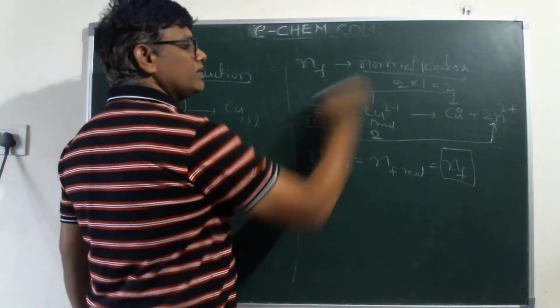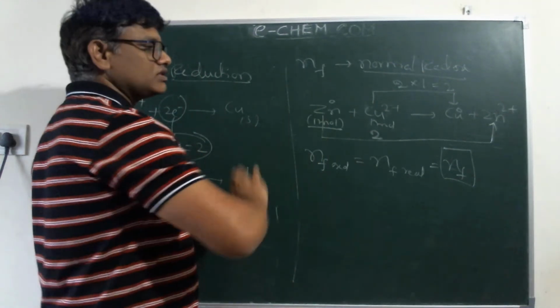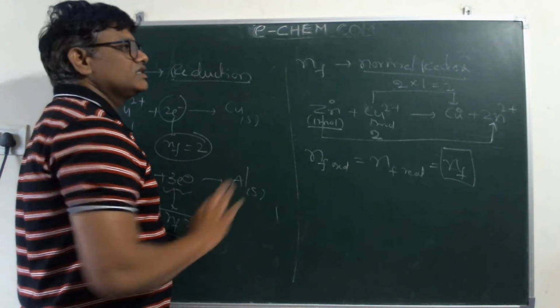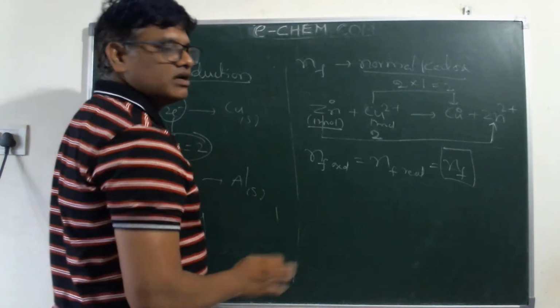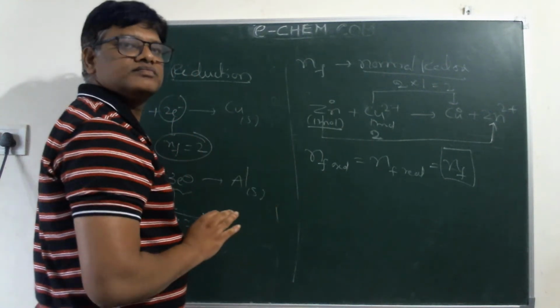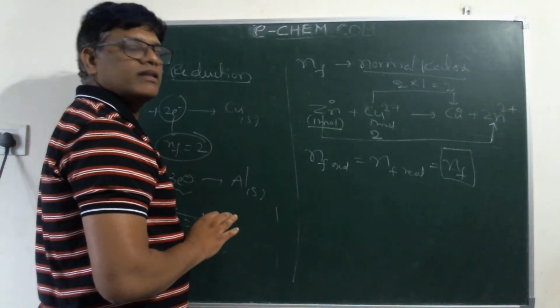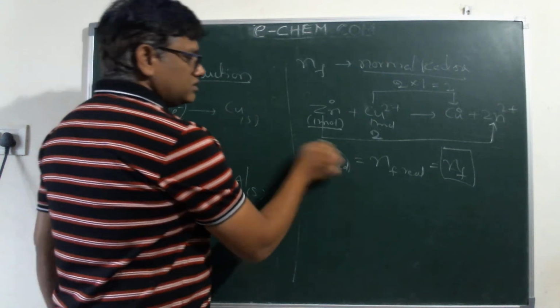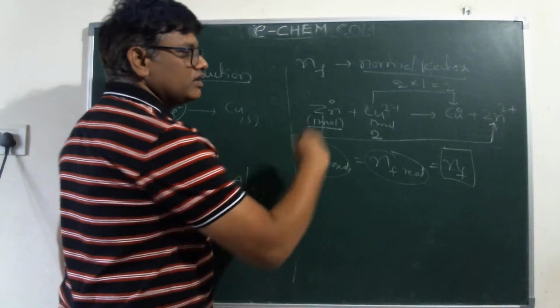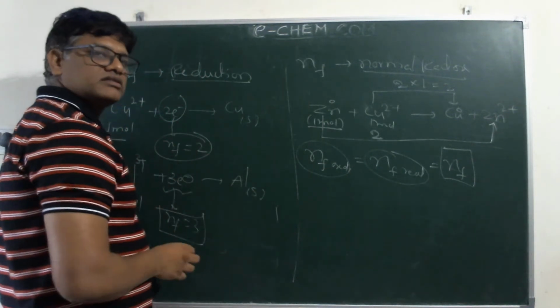Any one can be considered, either oxidation or reduction. Generally, in normal redox reactions, the number of electrons involved in both half reactions will be the same in balanced equations, so we can give the n factor for the reaction with respect to either oxidation or reduction.